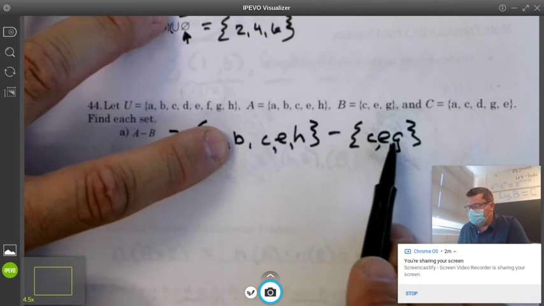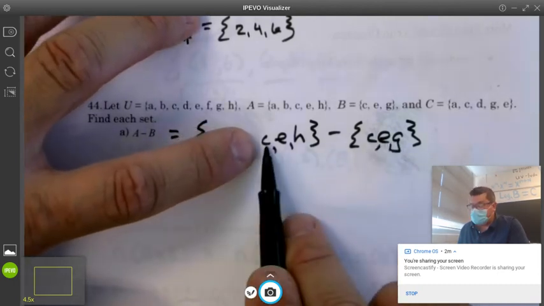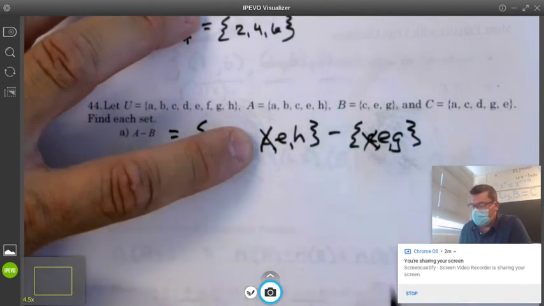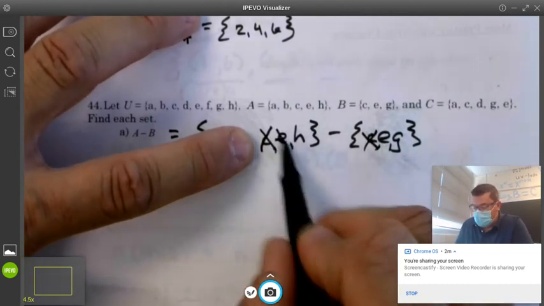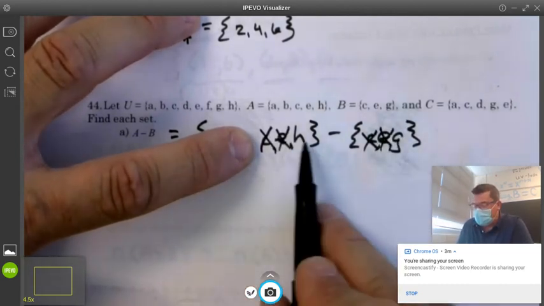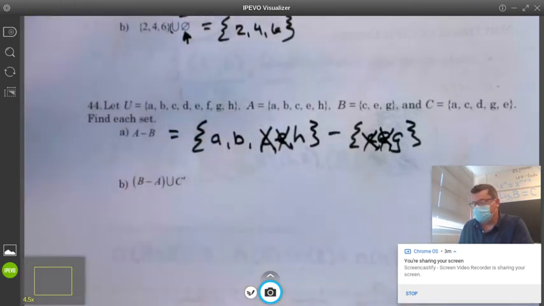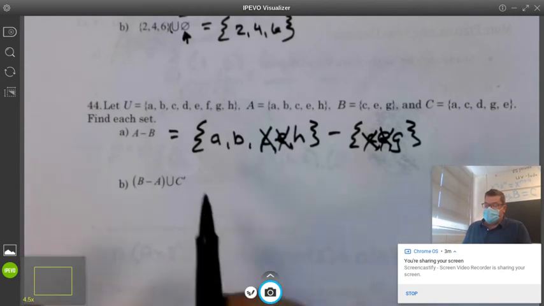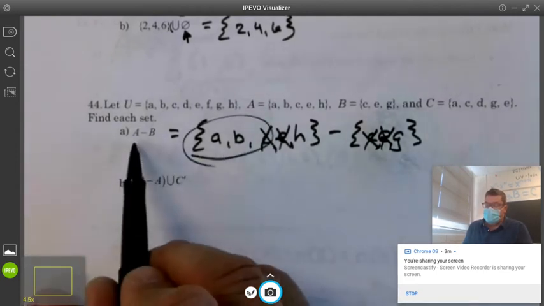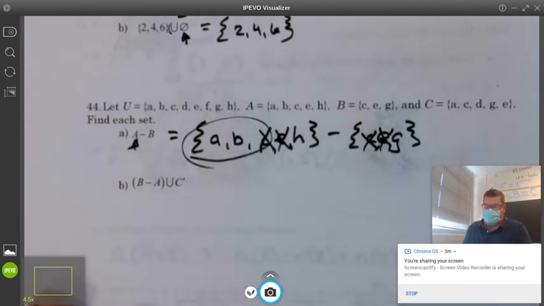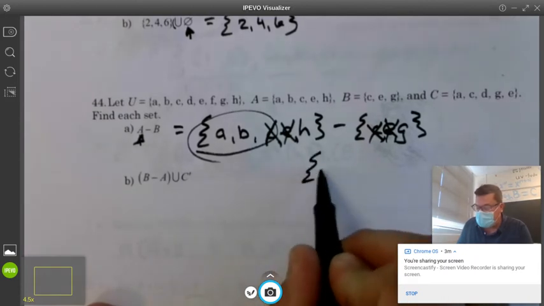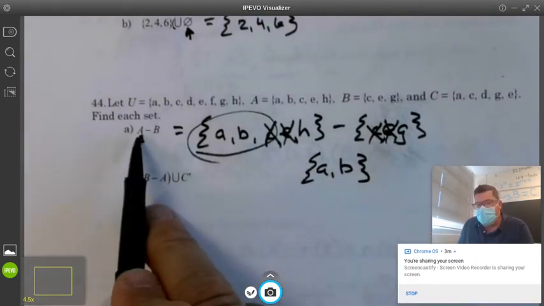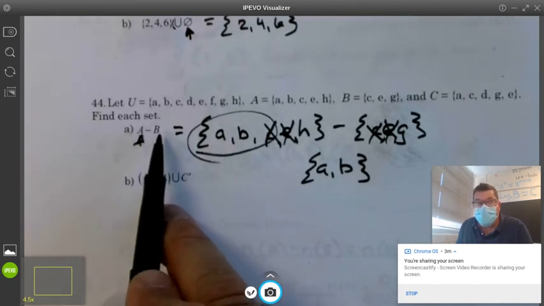B minus, nothing cancels. C minus, okay, those C's are gone. E minus, okay, those E's are gone. H minus, and then the difference is everything that's left over from the original set. That is their difference. Every element that lives in A that does not live in B.